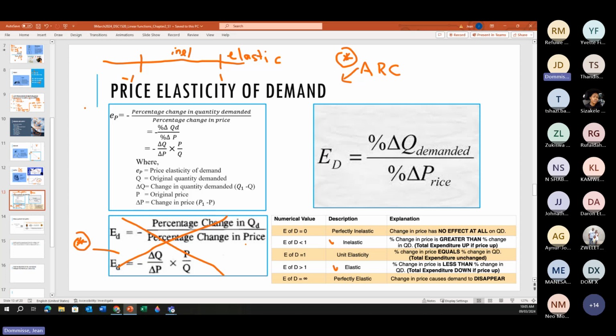So bigger than 1, elastic, smaller than 1, inelastic. If you look at, if it becomes way big, it's perfect elastic. Yuck, that will never happen. Let's be honest, it will never happen.